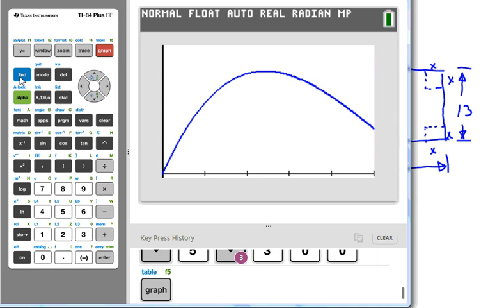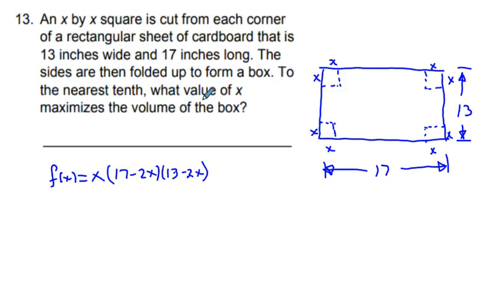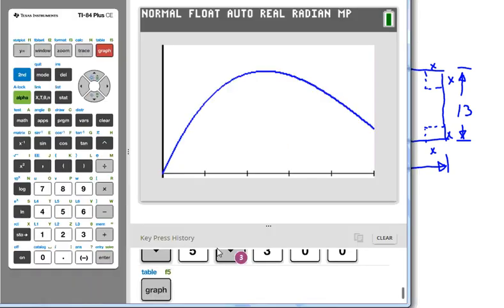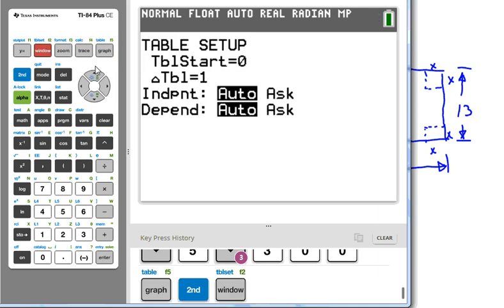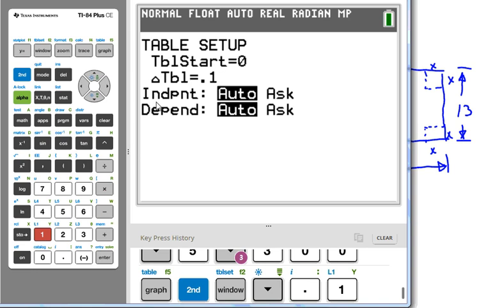Well, there are different ways we can do this. One thing we can do is when we look at the problem, it says to the nearest tenth. So one way to do this is just with the calculator. If we go to table set, we can start at 0, but we can go ahead and put delta table 0.1 or tenth. That's the nearest tenth.